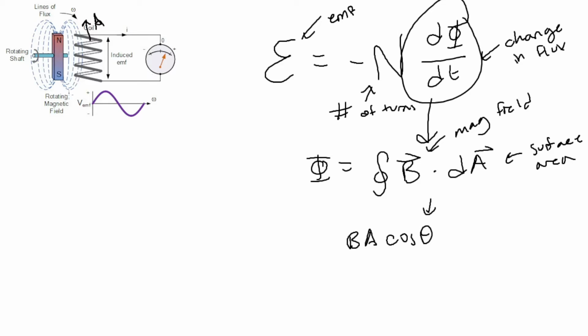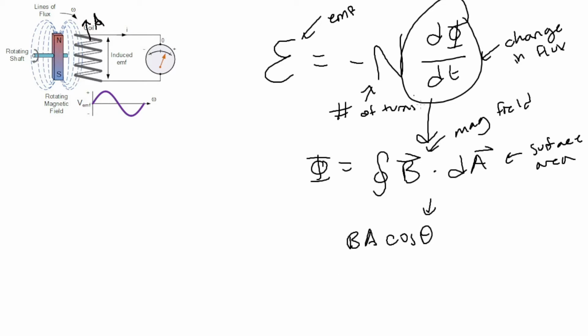You can see right here an example. Our configuration is exactly the same, but it's the same idea where you rotate the magnet and therefore you're changing this angle theta, and therefore you are inducing an EMF in the coil of wire and in the rest of the circuit.